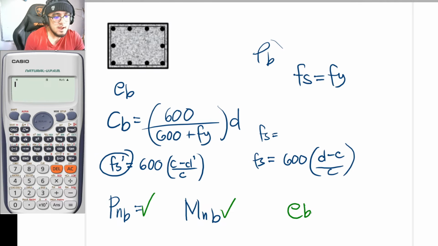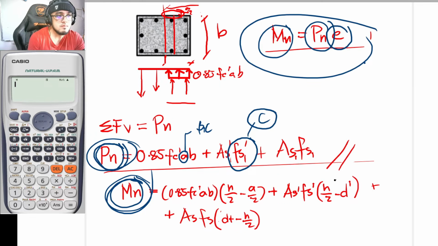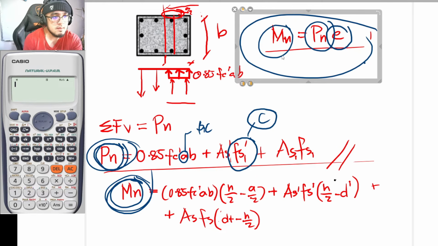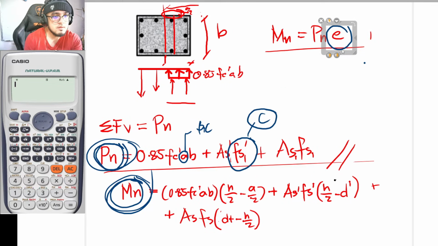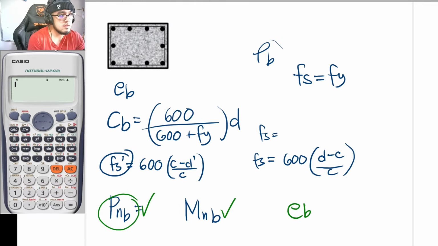Or your e balanced? So Pnb, Mnb, you will be resulting in an answer of e balance, or the balance eccentricity. If you can remember here, Mn is actually equal to Pn times e. So note, Mn once again is equal to Pn times e.